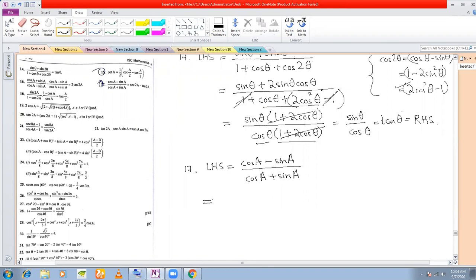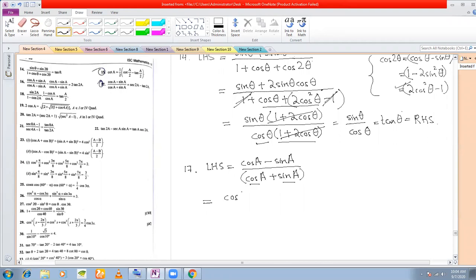This clearly means that sec 2A is 1 by cos 2A, and tan 2A is sin 2A by cos 2A, right? So this expression in the denominator must be reduced to a single trigonometric function. You see that this is a sum of two, cos A plus sin A, so we want to make this into a single trigonometric function. How do I do it?